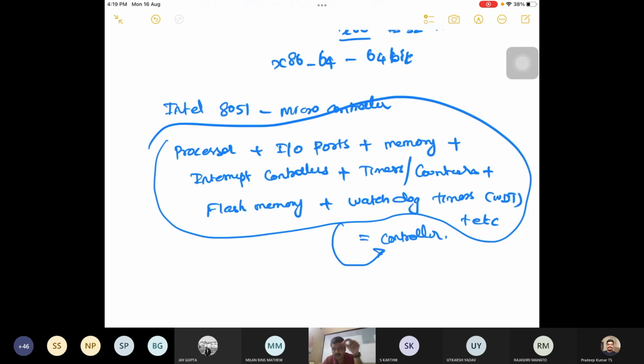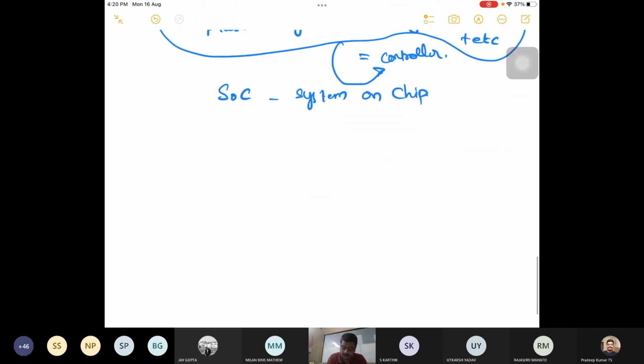Everything comes on an IC, so that's why they call it SoC, system on chip. That means you get everything on a single IC. Generally, Apple processors now, let's say the M1 processor that Apple launched, is a system on chip, SoC. That means your GPU is there, your CPU is there, everything is just there on a chip.